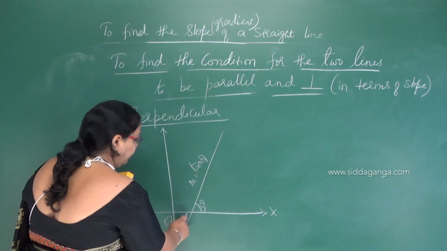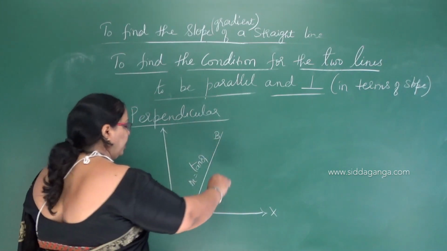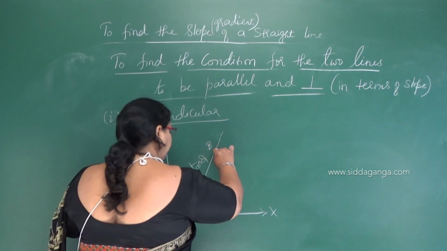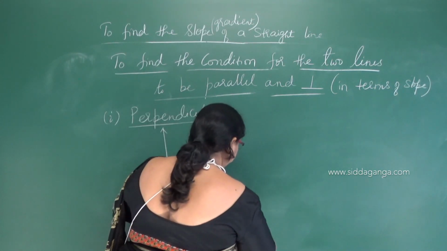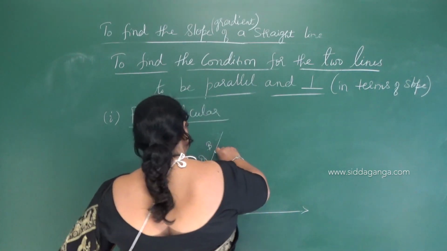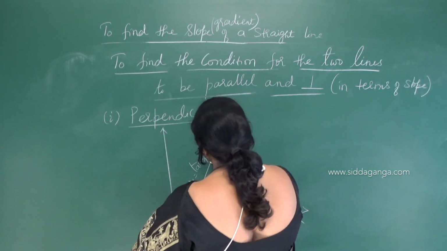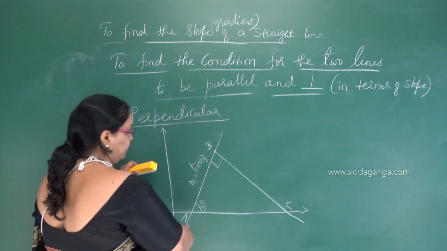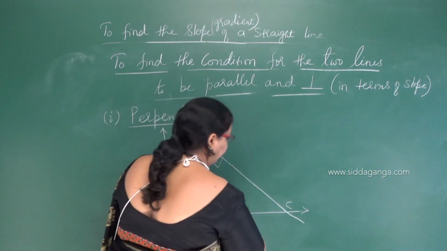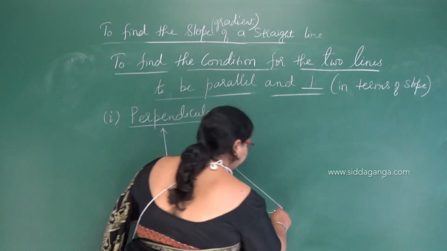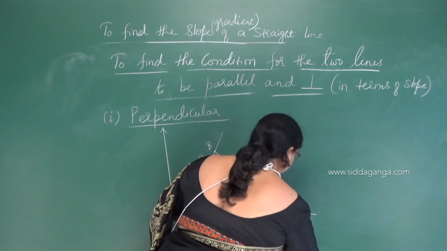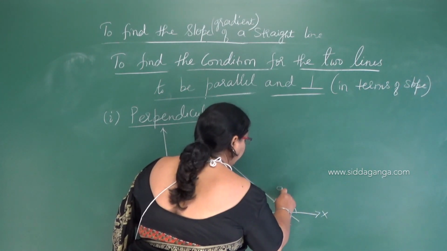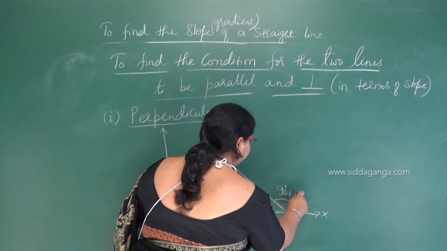This is the line AB. Now you take this point as B here. Now you draw BC perpendicular to AB. This becomes an exterior angle. You have already studied the properties of straight lines, so according to that, this angle we get is 90 degrees plus theta.